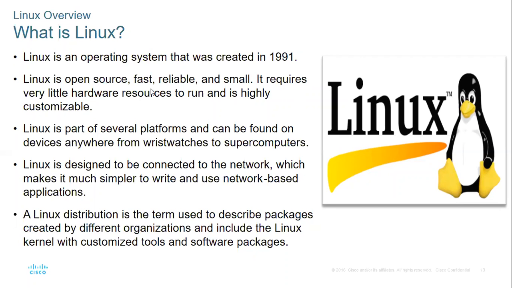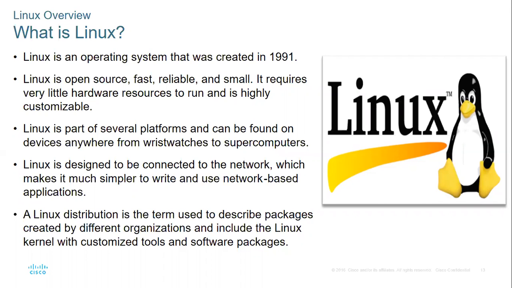It is fast, reliable, and very, very small. These are very good characteristics of an operating system. It must be fast. If you come up with an operating system which is very slow and unreliable, no one is going to buy it.